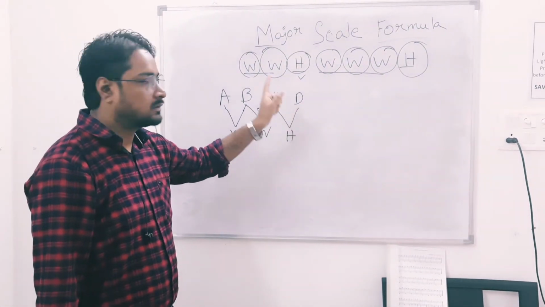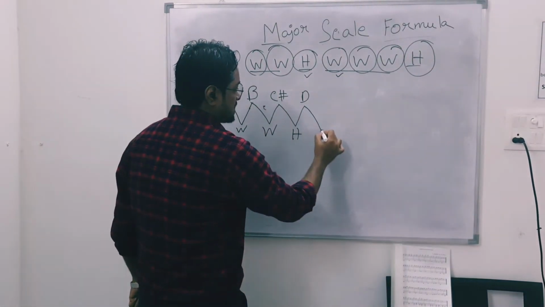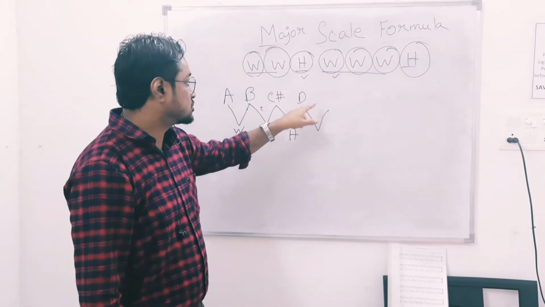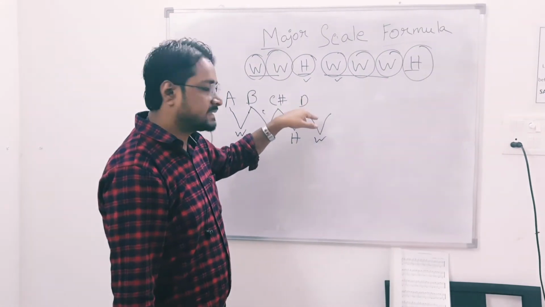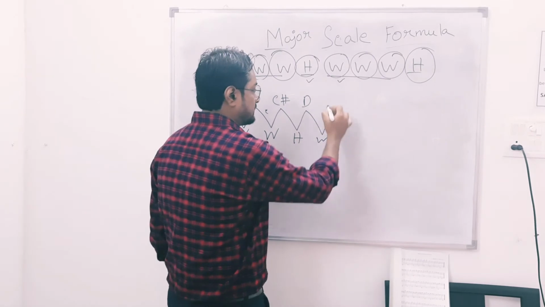After D, now we have to make one more whole step again. After D comes D sharp, so for the whole step we have to skip that. After D sharp comes E, so we skip the D sharp.